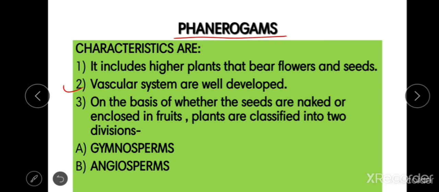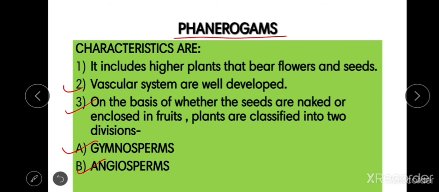Being a very diverse group, scientists have further classified phanerogams under two divisions, gymnosperms and angiosperms, on the basis of whether the seeds present in them are naked or enclosed inside the ovary or fruit.